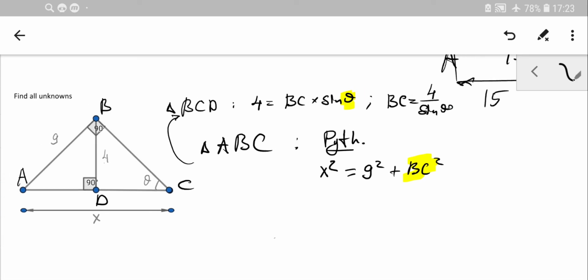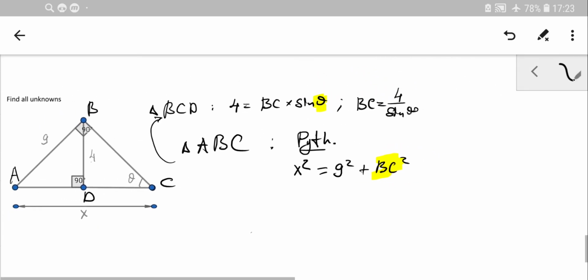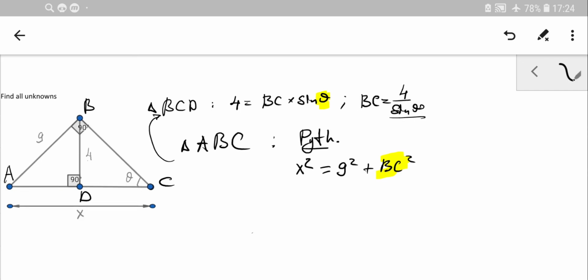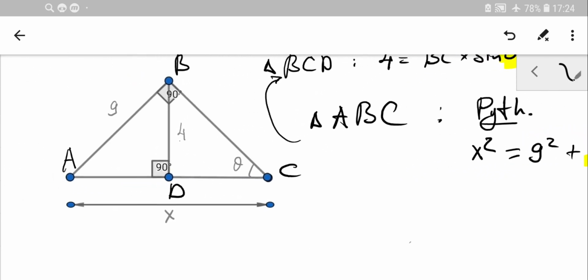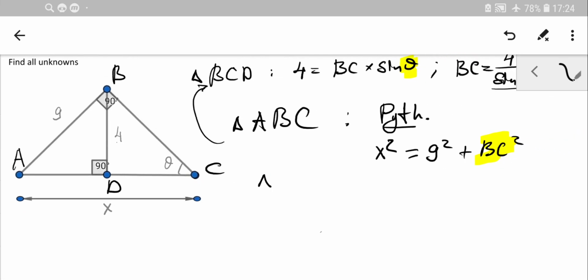Now we need to define sine theta somehow, or the angle theta itself. Let's have a look again at this triangle ABD, that small one. So consider triangle ABD.